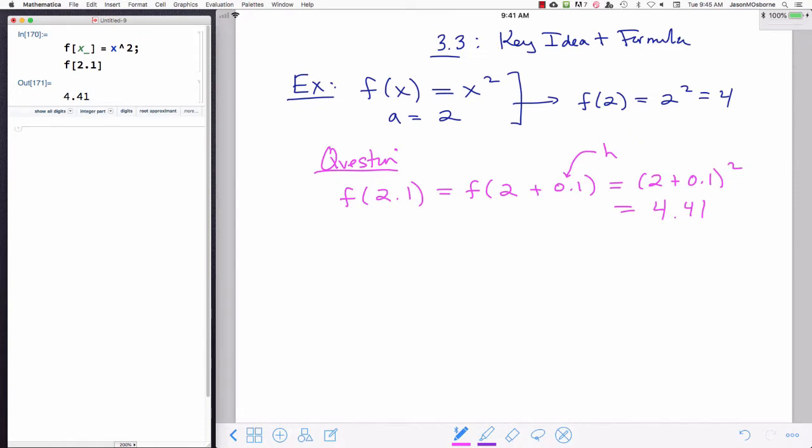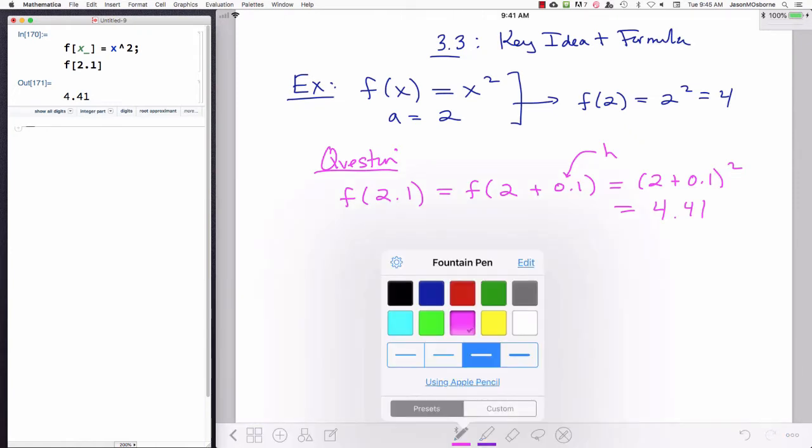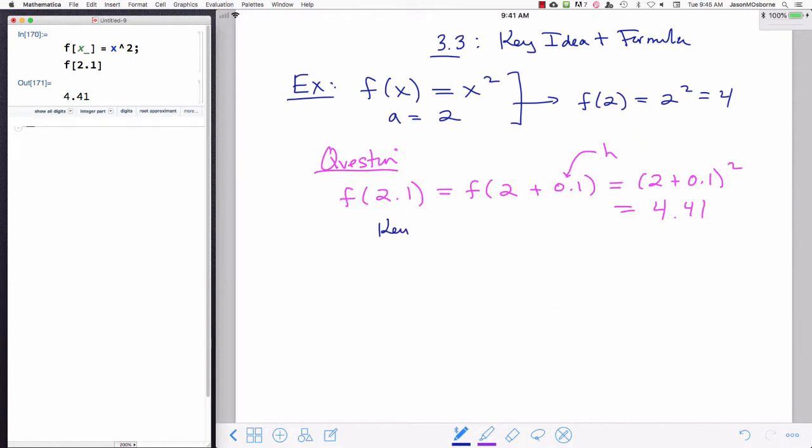But again, what we're trying to address here is this key idea of calculus, which is the estimation idea. Estimate. Okay. And what we mean by that is we can say f of 2.1 is approximately something. We can find an approximation for it. Okay?